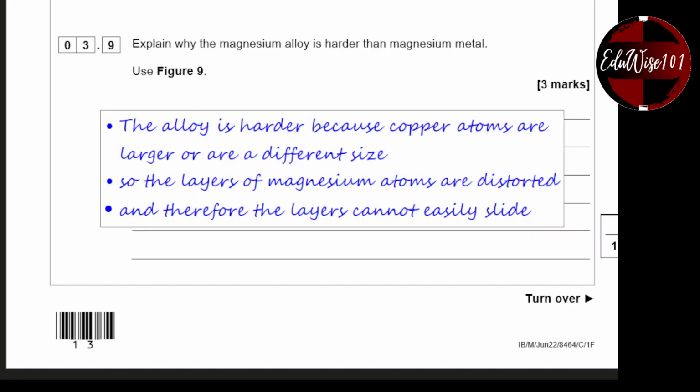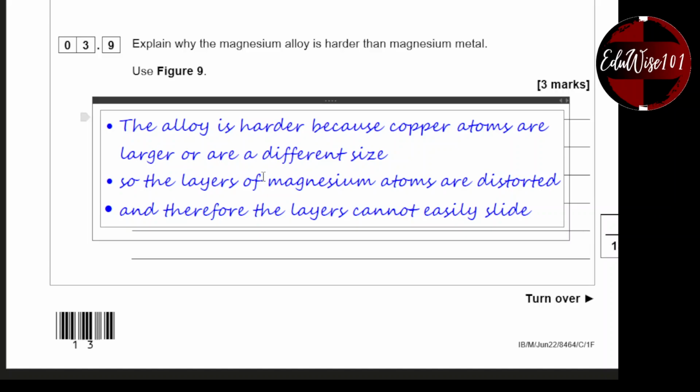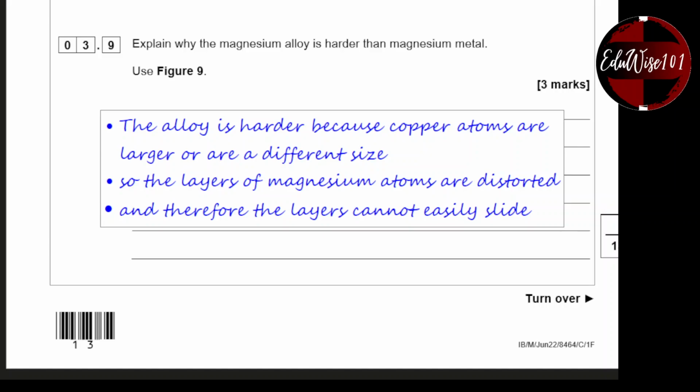The alloy is harder because copper atoms are larger and are a different size. So you have to mention the difference in size. The layers of magnesium atoms are distorted, meaning they are not in a regular arrangement, and therefore the layers cannot slide easily. That brings us to the end of question number 3, which was out of 13 marks.